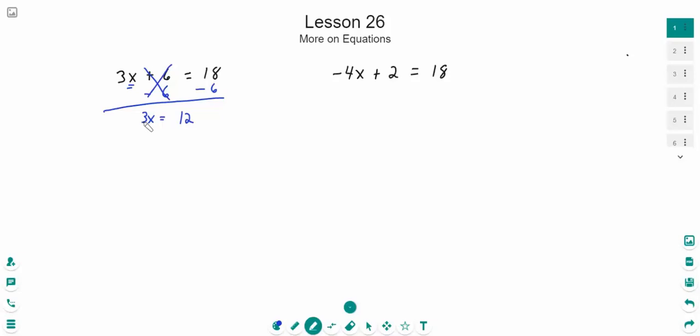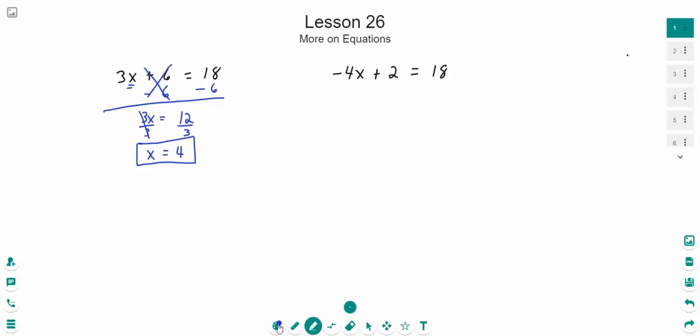So if we have 3 times x, we want to get rid of that 3, so we're going to divide by the 3, which means we have to divide this side by 3 as well. And if we do that, 3 divided by 3 is 1, so we get 1x, which is, of course, just x. And then 12 divided by 3 works out really nicely in this case, and our answer is 4. So the root, or the solution to this equation, is x equals 4.